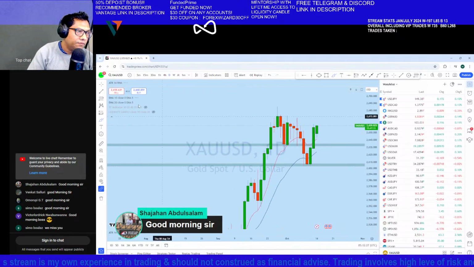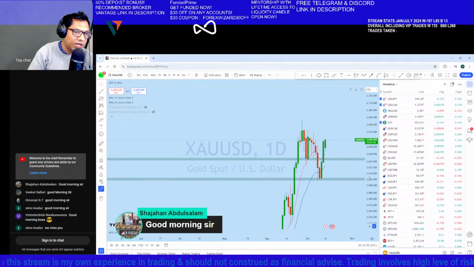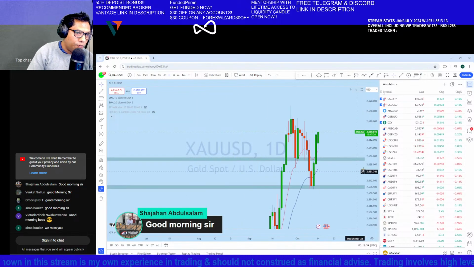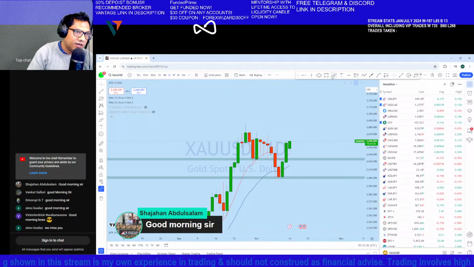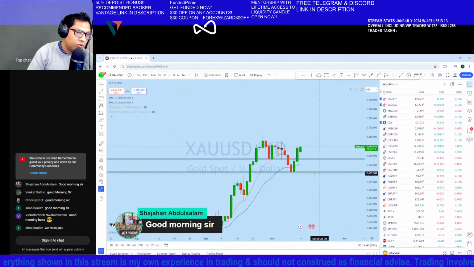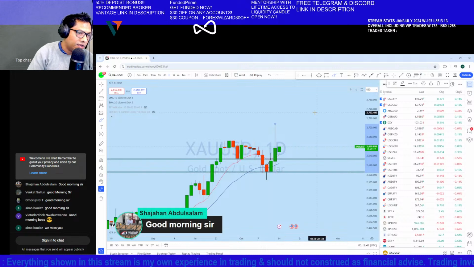If we look at the daily, there is a gap open on the daily time frame, a pretty strong, big gap, and we have seen a bullish engulfer followed by another bullish engulfer.